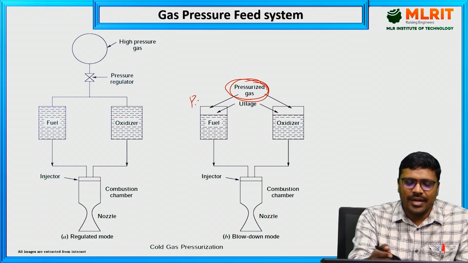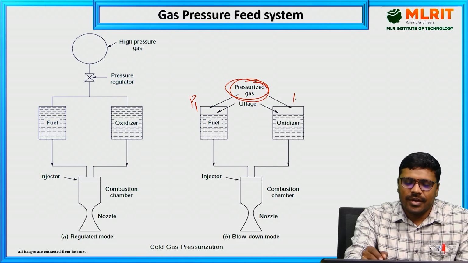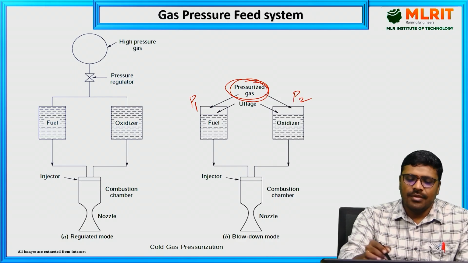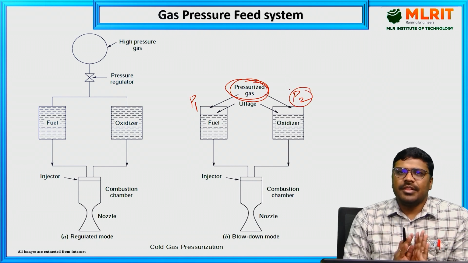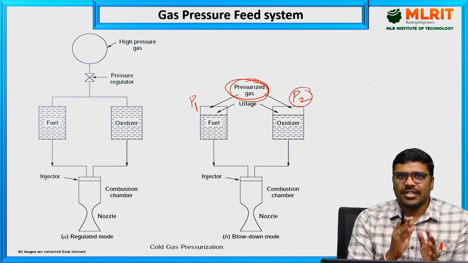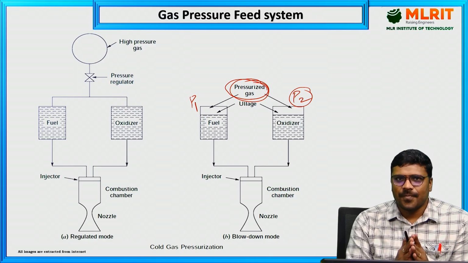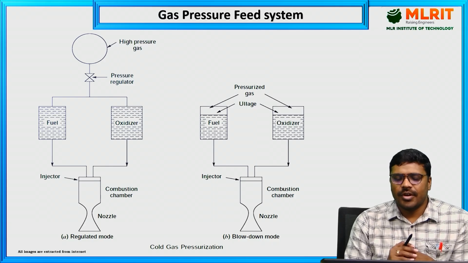If you want to maintain a pressure P1 in the fuel tank, we fill the gas with pressure P1. If you want to maintain a pressure P2 in the oxidizer tank, you fill the gas with pressure P2. And we cannot control this pressure. Once we fill the gas in the tank, it cannot be controlled. Once it is filled, that's it.